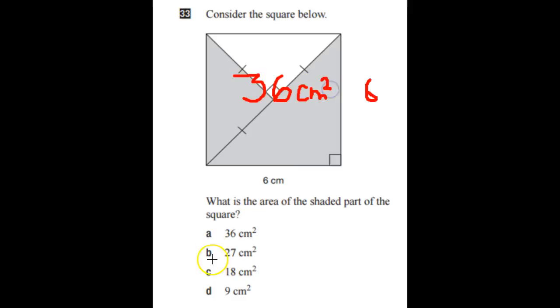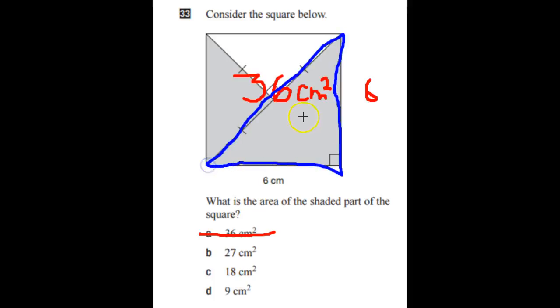So that tells me that the shaded area can't be 36. I also know that half of the square is half of 36. So in other words, this little part right here really represents half of the square, and half of 36 is just 18, right?